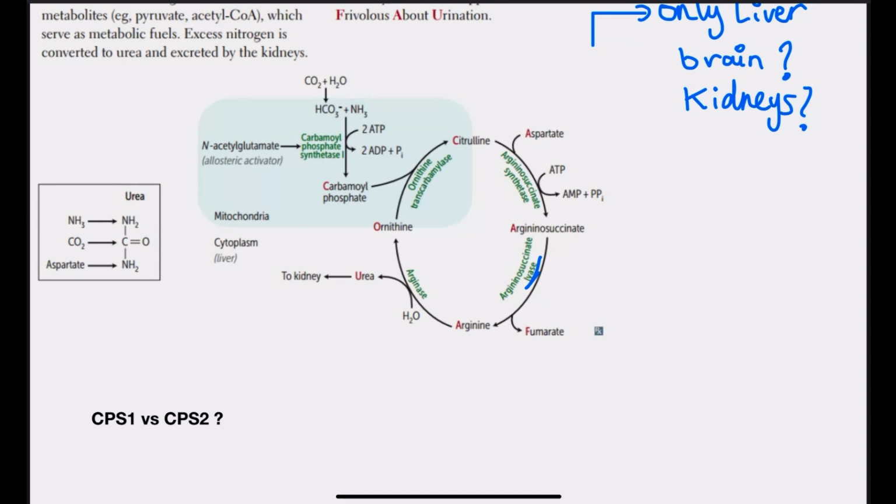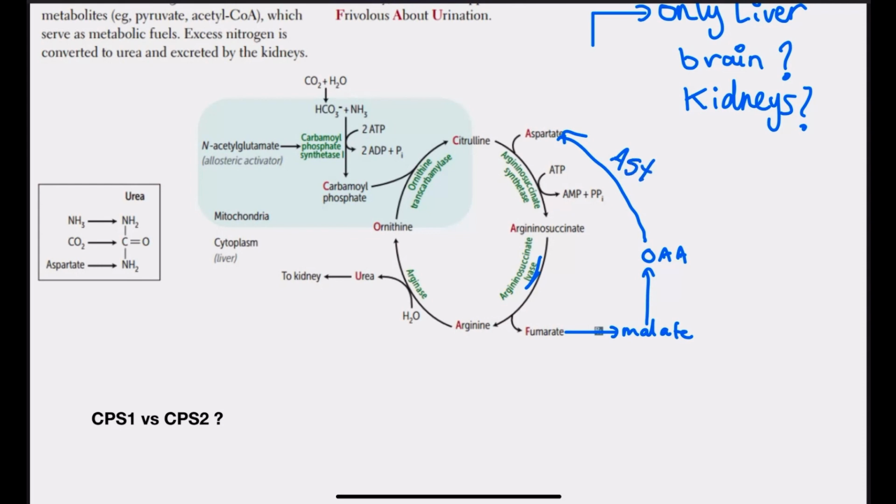Now, a very important point to make: fumarate becomes malate, and then malate becomes oxaloacetate, and then that oxaloacetate, as we said, can undergo a transamination reaction through AST.